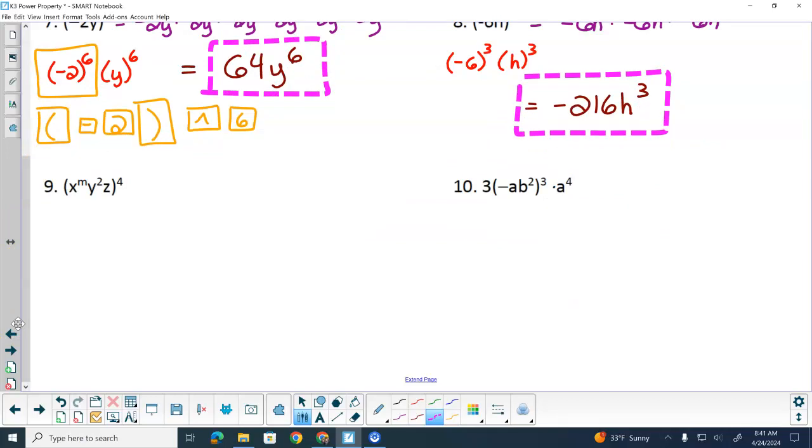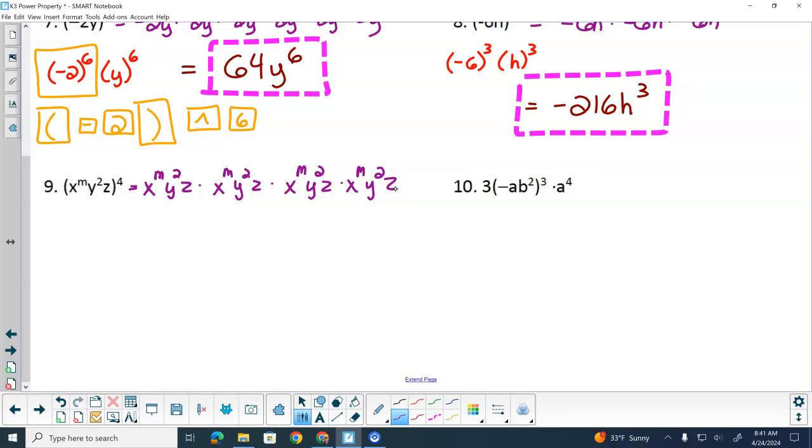On more complicated ones like number 9, sure, I can totally write this out: x to the m, y squared, z, x to the m, y squared, z, x to the m, y squared, z, x to the m, y squared, z.